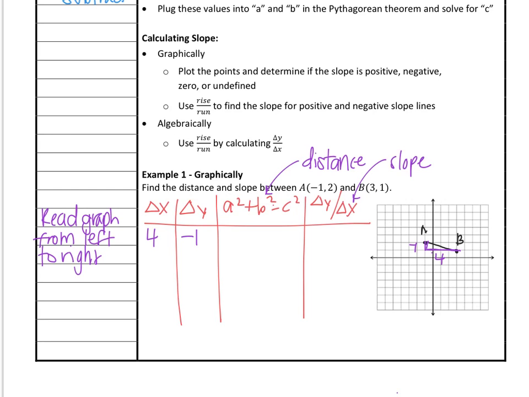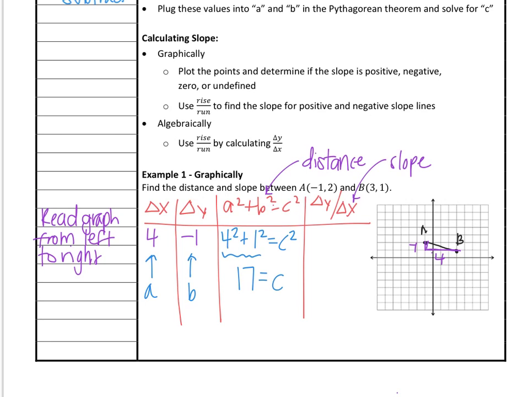When we plug in for Pythagorean Theorem, the first value becomes A, the second value becomes B. When we plug in for A and B, we can ignore the negatives because a negative number squared just turns positive. So we have 4 squared plus 1 squared equals C squared. Type this whole thing in at one time and get a number.